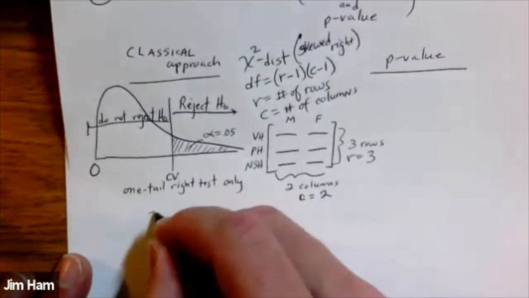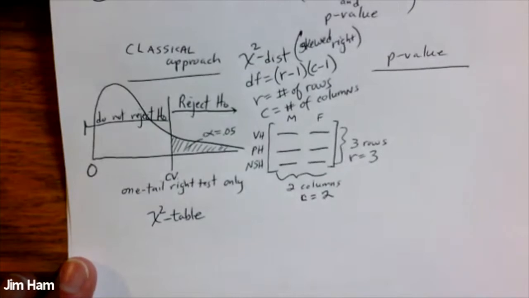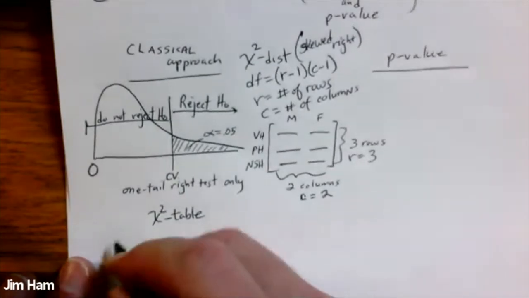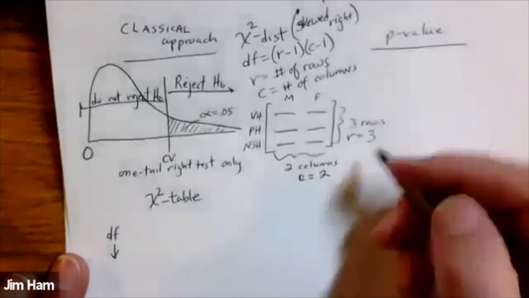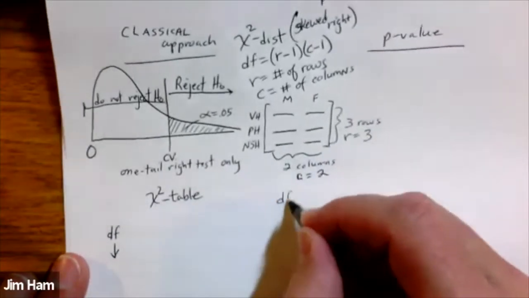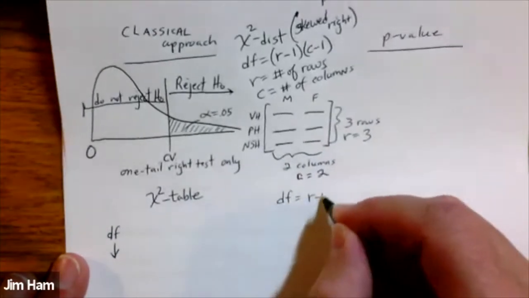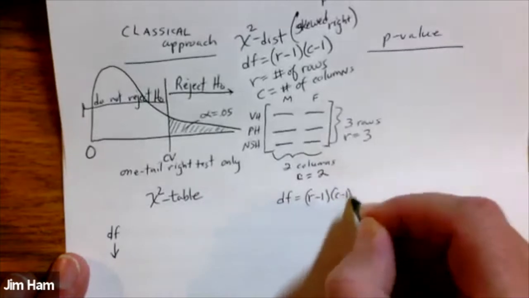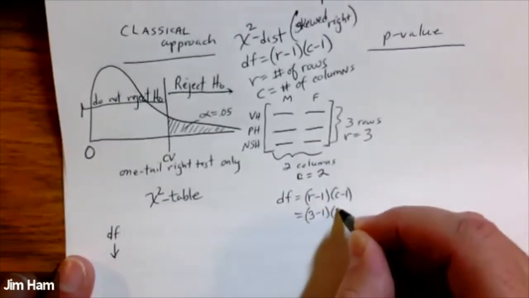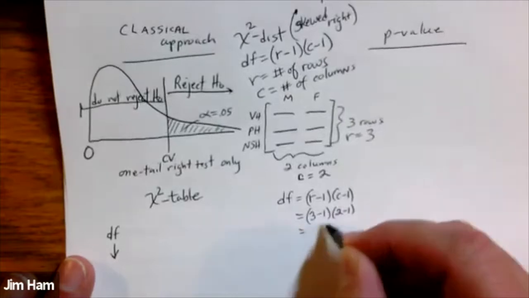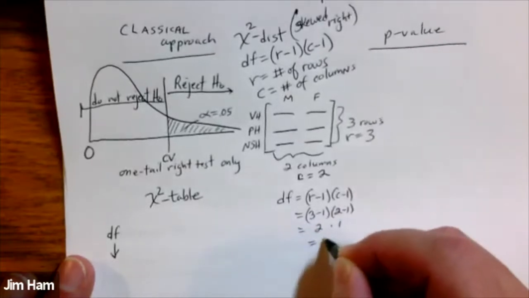So for the chi-squared table, it's going to be read in a very similar way to the t table. You're going to have degrees of freedom coming down here. And in this case, degrees of freedom equals row minus 1 times column minus 1. We have 3 rows, and we have 2 columns. So you have 2 times 1, which is 2.